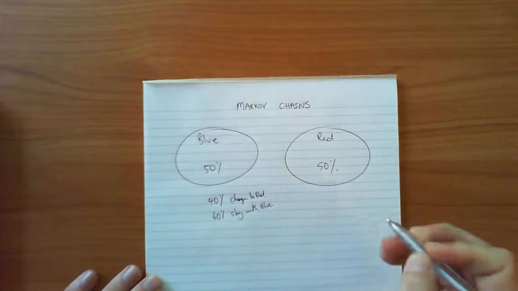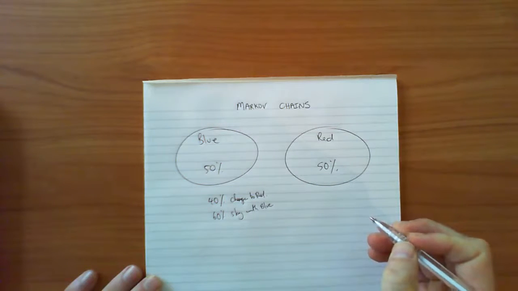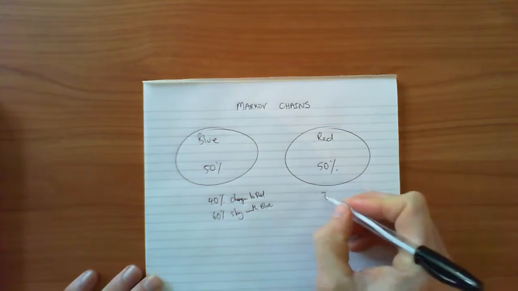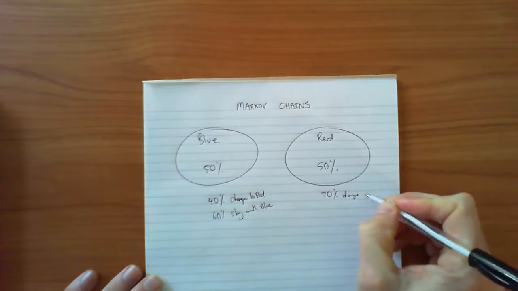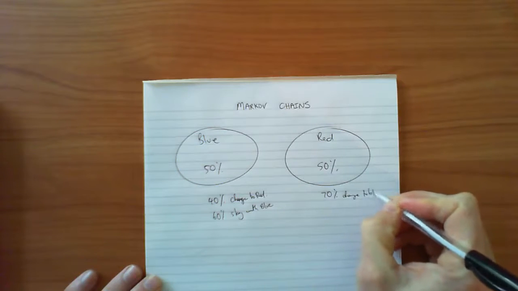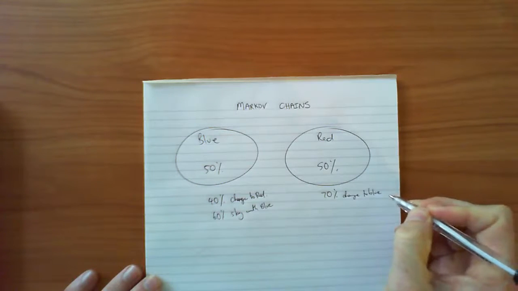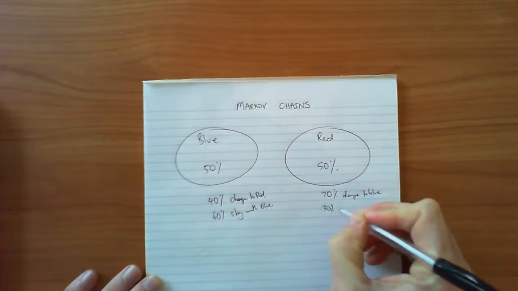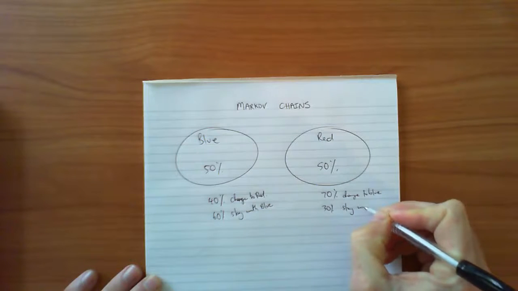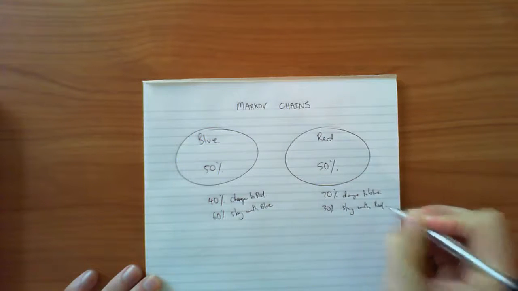Okay, they're happy customers. On the other side, 70% of red drinkers change to blue. You can read this in the example, meaning that 30% stay with red.